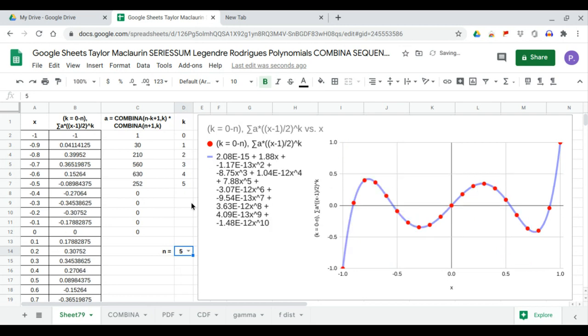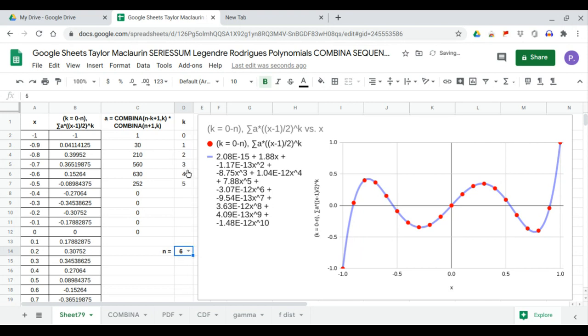N equals 5, our y is 1.88x minus 8.75x cubed plus 7.88x to the fifth, and the rest are 0.